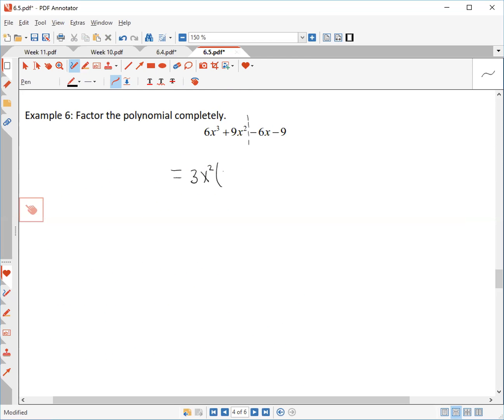That leaves us with 2x plus 3. From the second pair, we can take out a negative 3, which leaves us with 2x plus 3.